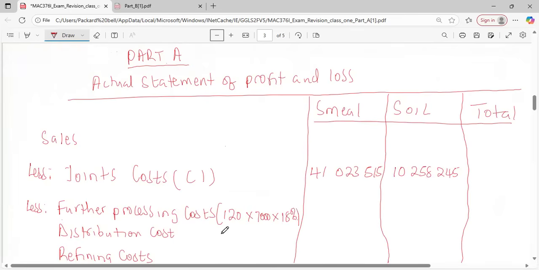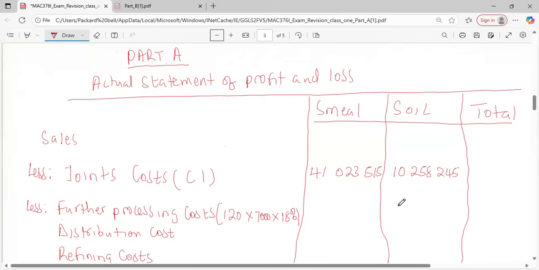Then this is going to be the further processing of the S oil. It's going to be 7,000 times 18% times 120.